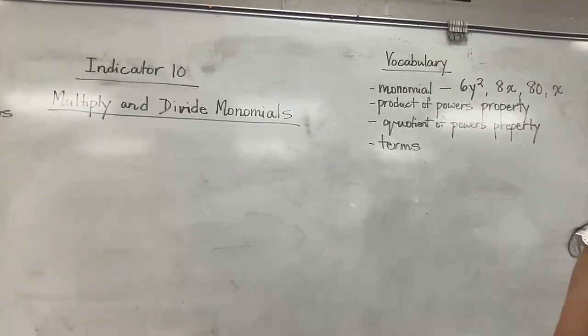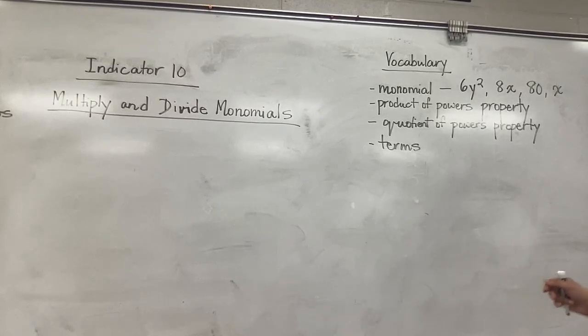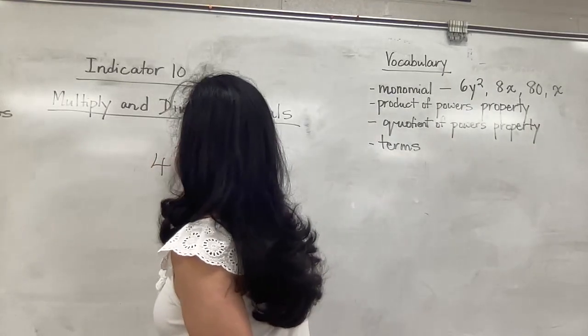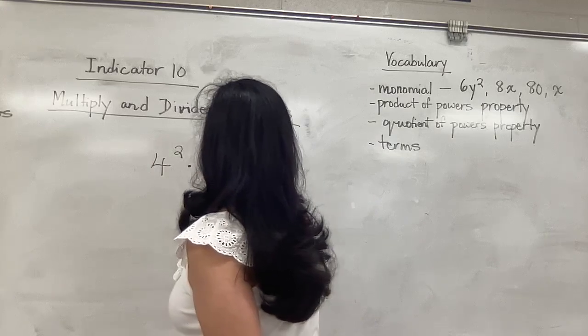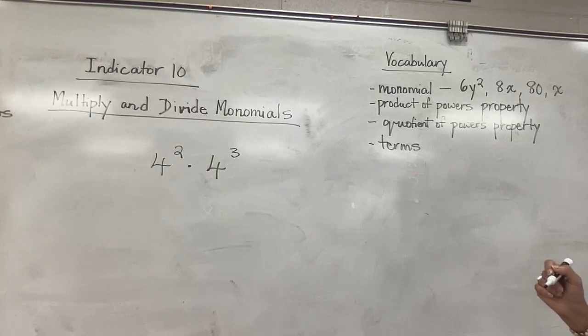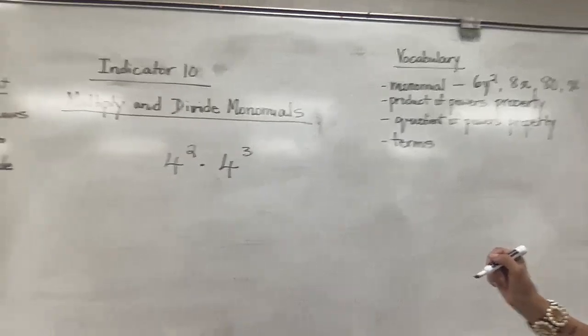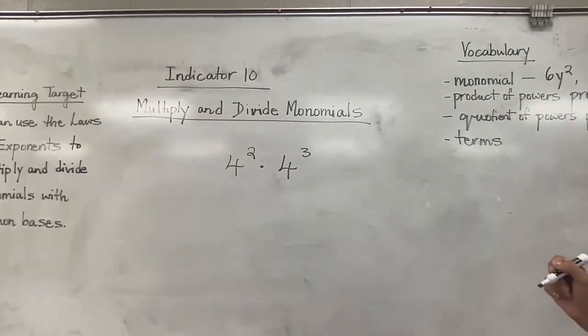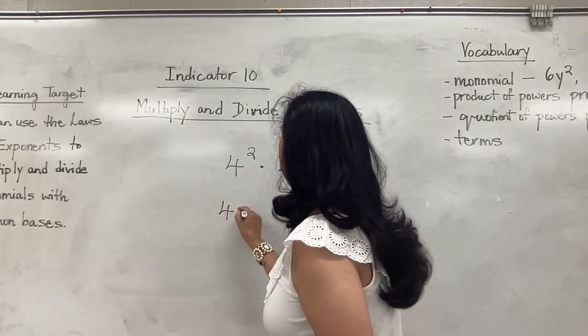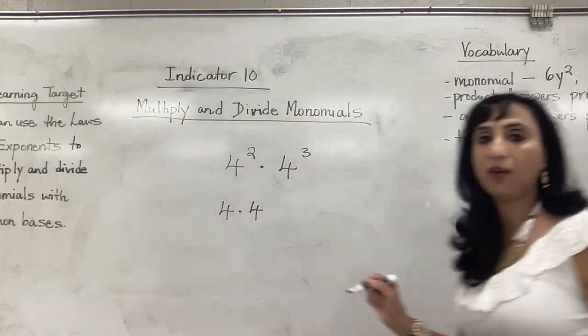All right. So now let's talk about the product of powers. Let's say I give you 4 squared times 4 cubed. So let's look at these two. I have 4 squared and I have 4 cubed. So basically, what does that mean? That means that I have two factors of 4, because squared is 4 times 4, right?